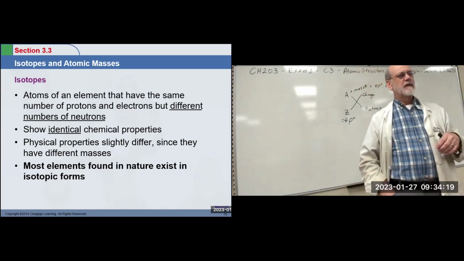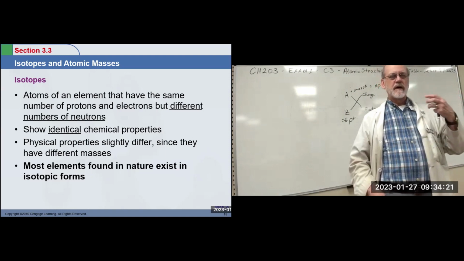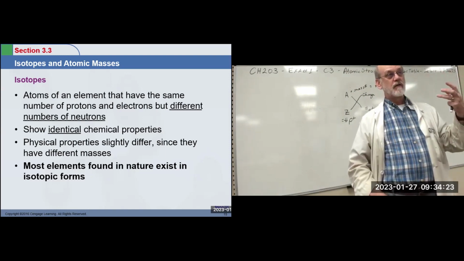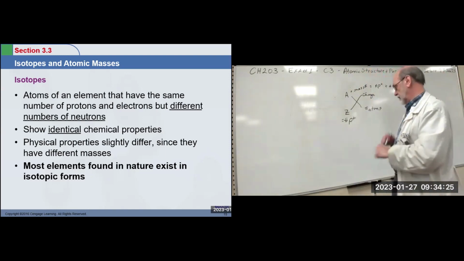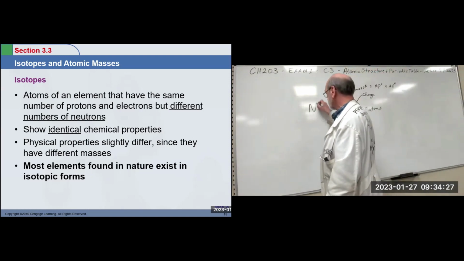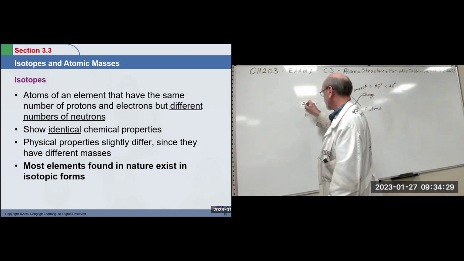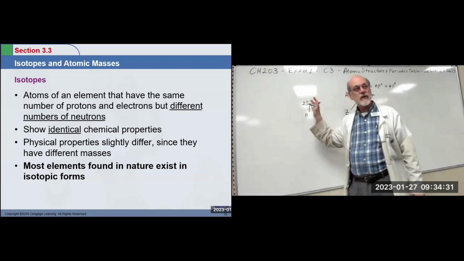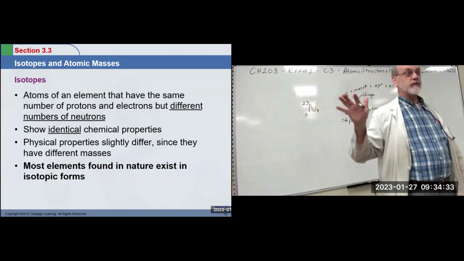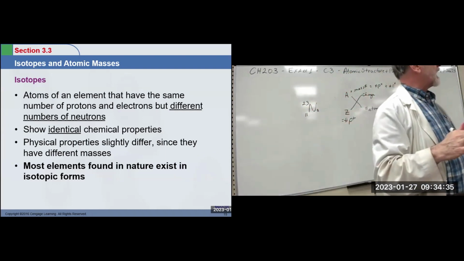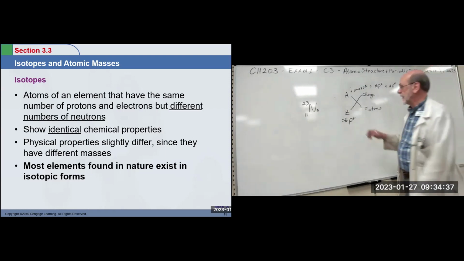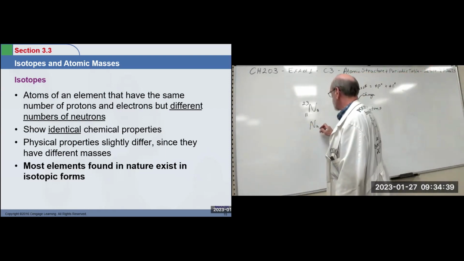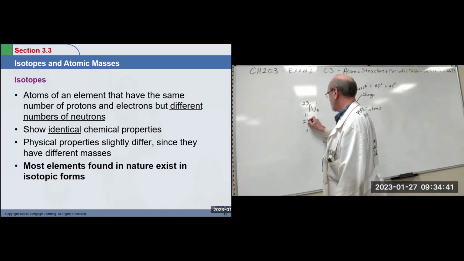Most of them have a vast majority of one particular type, like that sodium. That's the most common isotope for sodium. But sodium can have another one, which is not so common. Right?